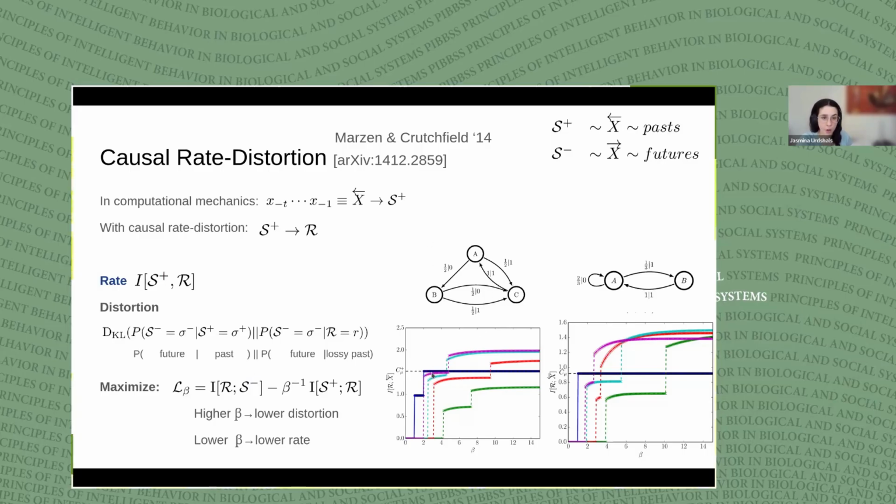And as we lower beta, so we introduce more distortion, we get these jumps to the lossy representations of the causal states, where by the end we have something that's similar to IID.